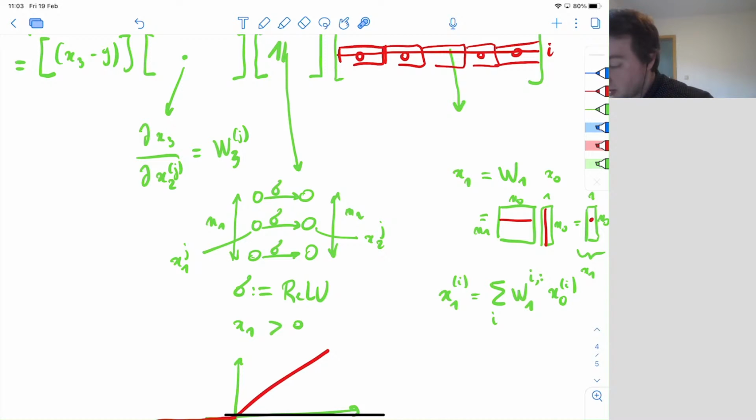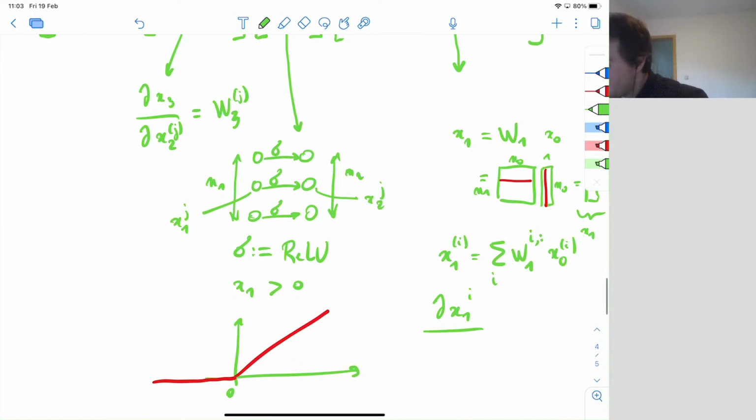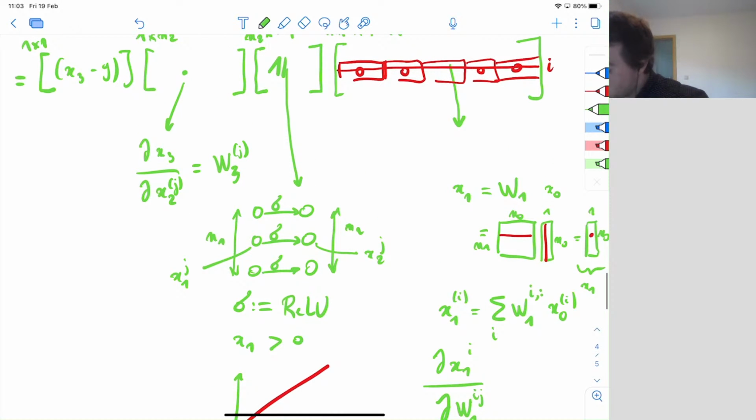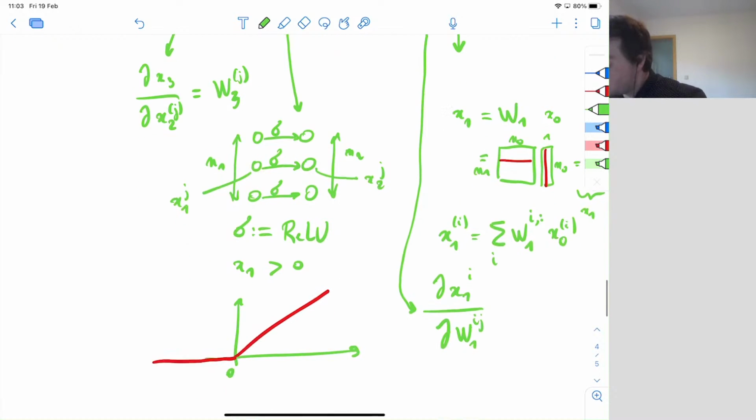What we need to compute here is x1 I with respect to all the W ij.